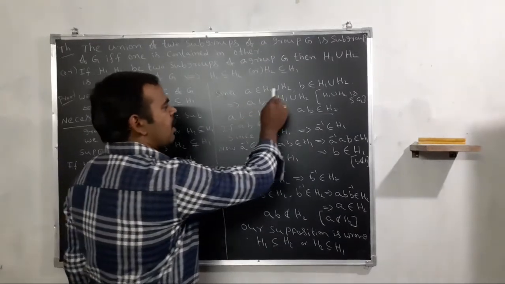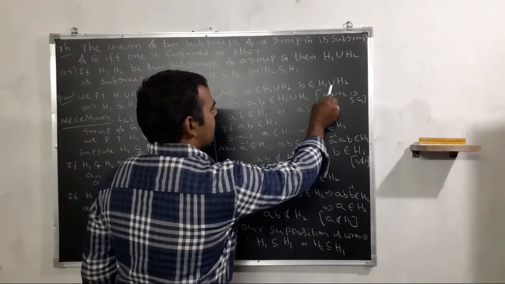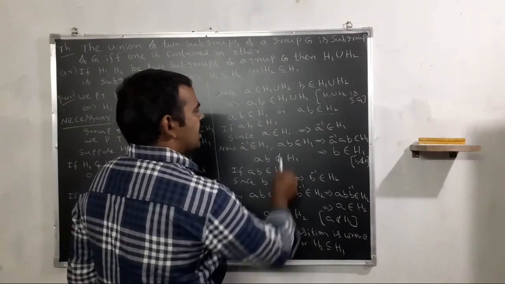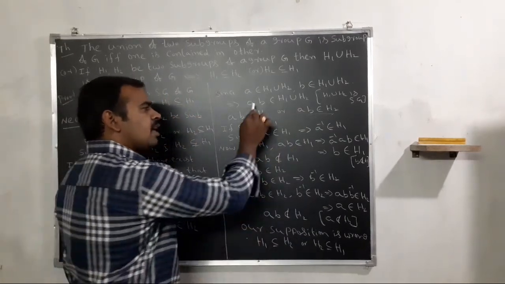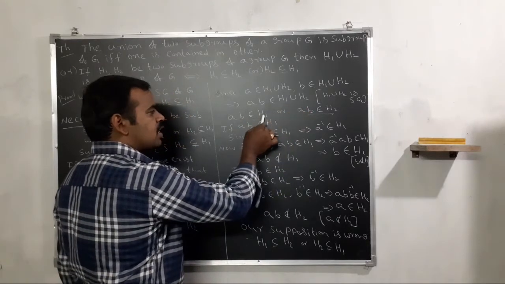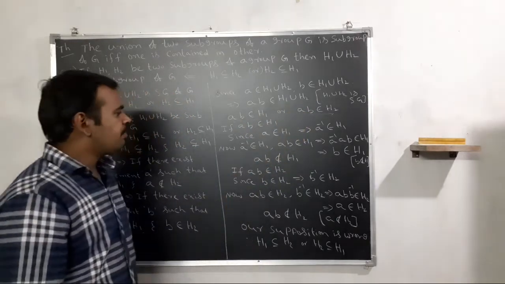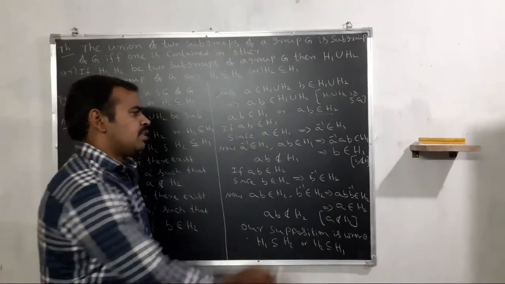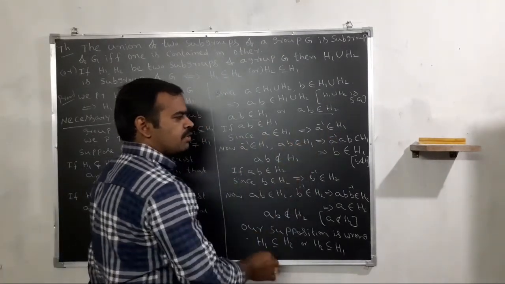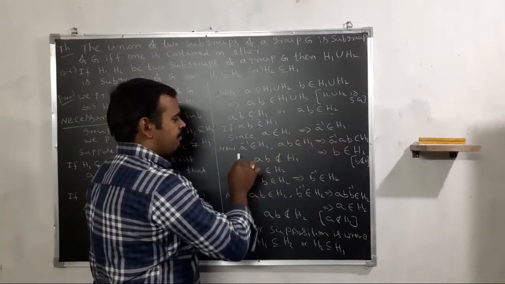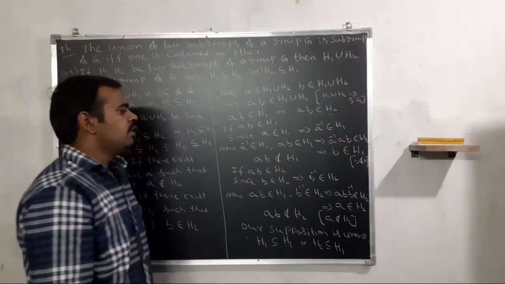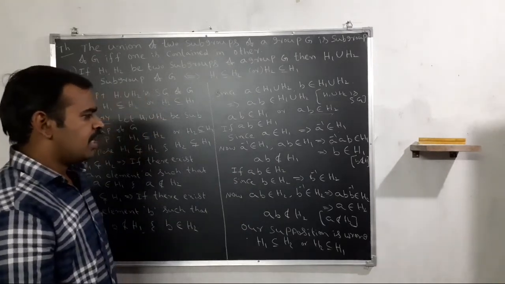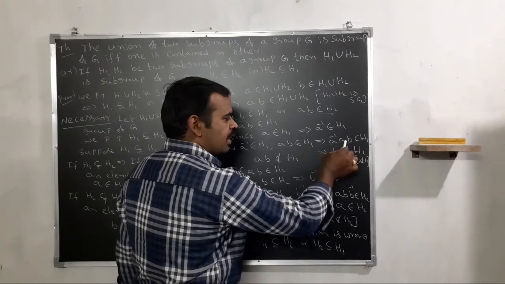Since A belongs to H1 union H2 and B belongs to H1 union H2, AB belongs to H1 union H2, that is, AB belongs to H1 or AB belongs to H2. If AB belongs to H1, since A belongs to H1, A inverse belongs to H1 by the inverse property. Now A inverse AB belongs to H1, that is, B belongs to H1.